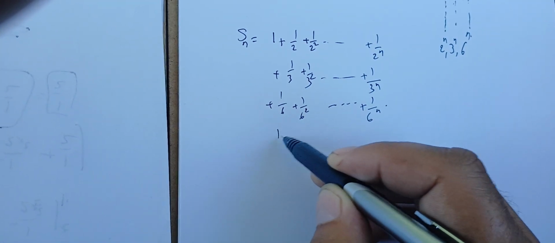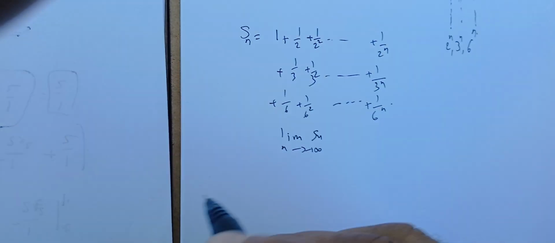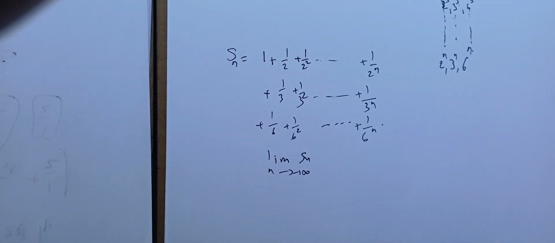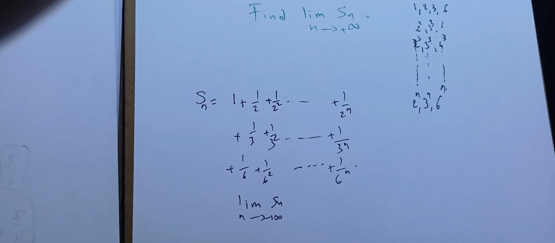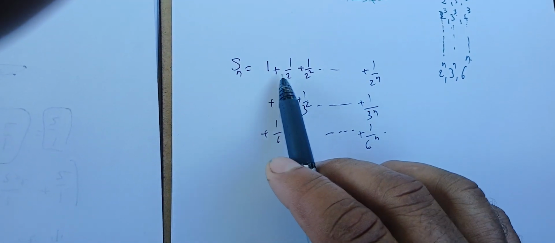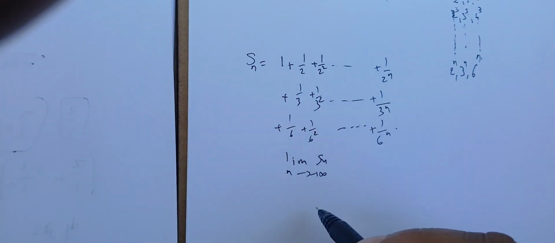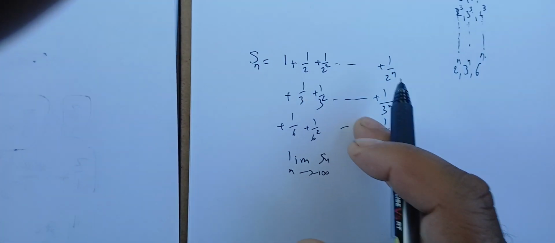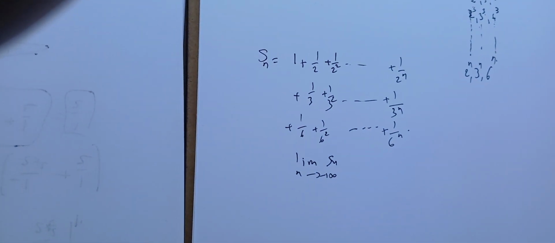So the question is, what's the limit of S_n as n goes to infinity? What we can do is get this sum into one form, and after that we take the limit. Or at least we need to simplify this, but there is an easy way.